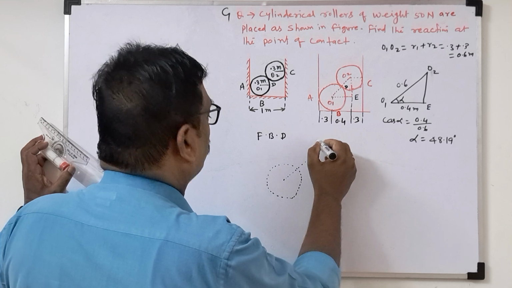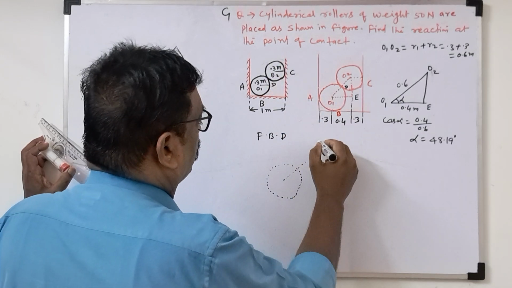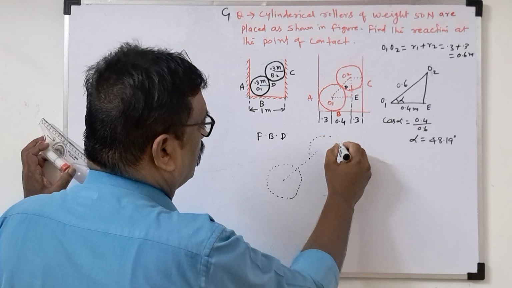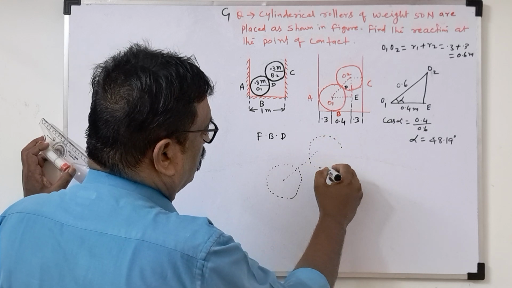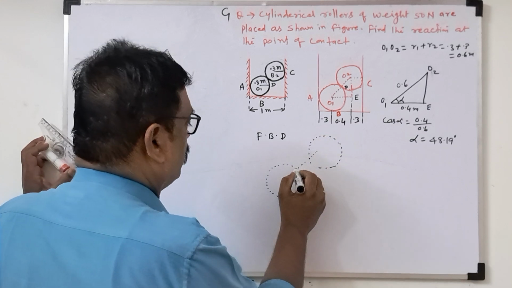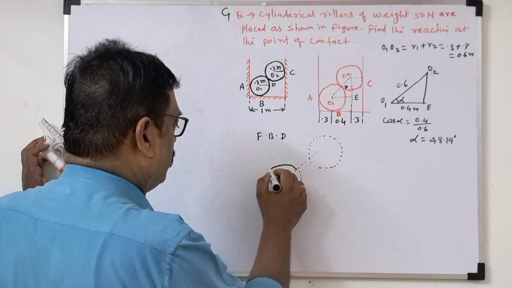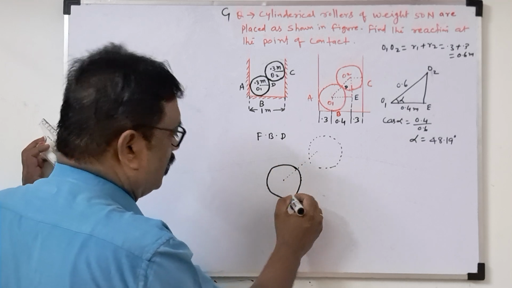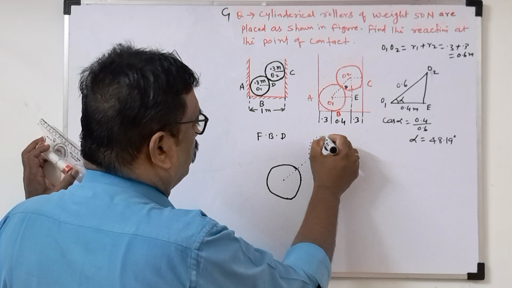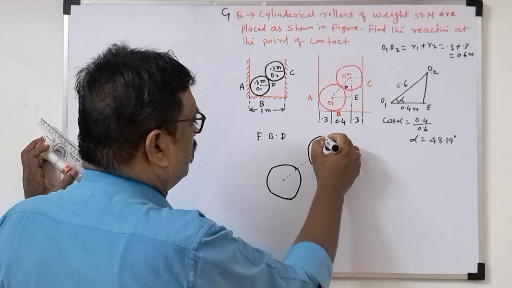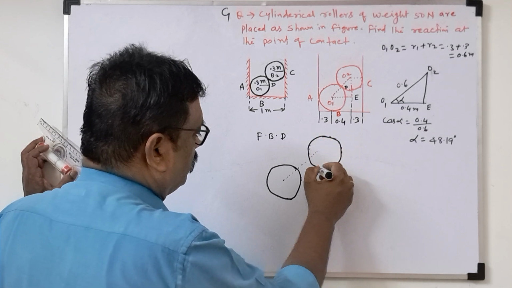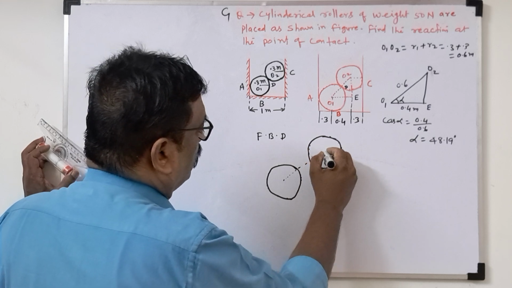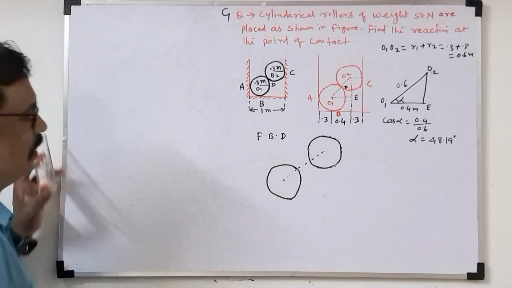Here also we draw one similar circle. Both centers O1 and O2 are marked.